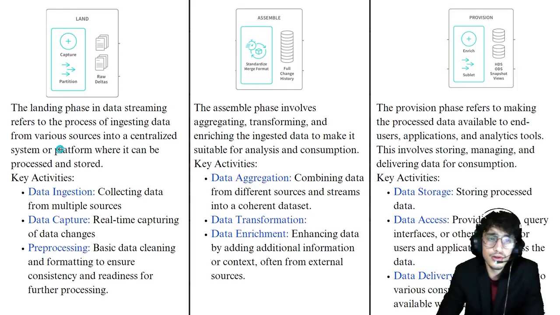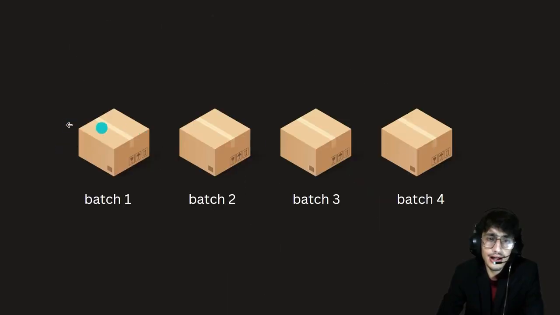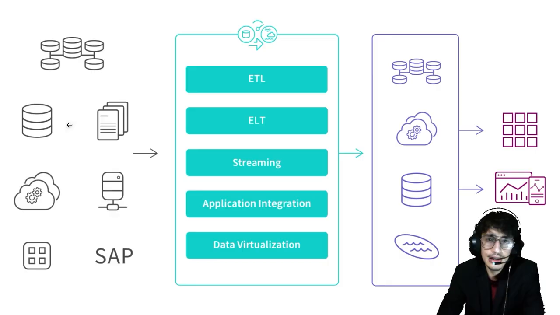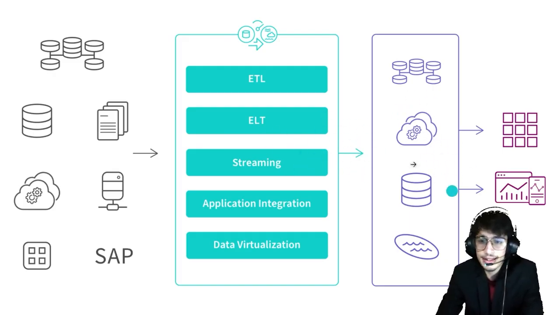Okay, so summing up, all the five types: in ETL, we extract, transform, and load the data. In ELT, we extract, load, and transform. In ETL, we first transform, and in ELT, we transform the data later. In streaming, we have data continuously going and being processed, and after that loading it into the bigger databases.